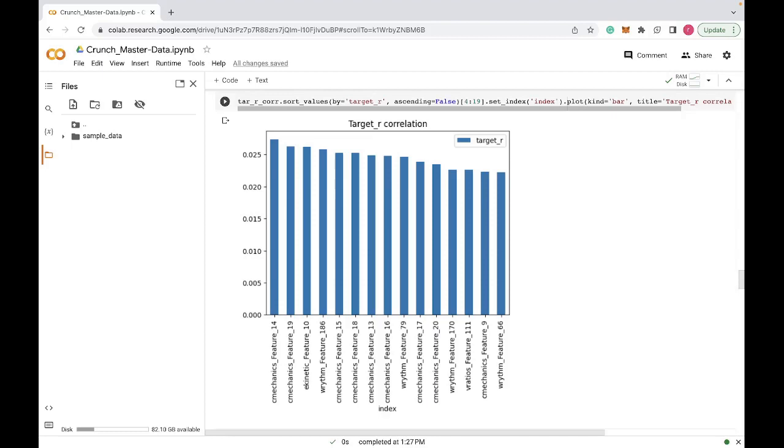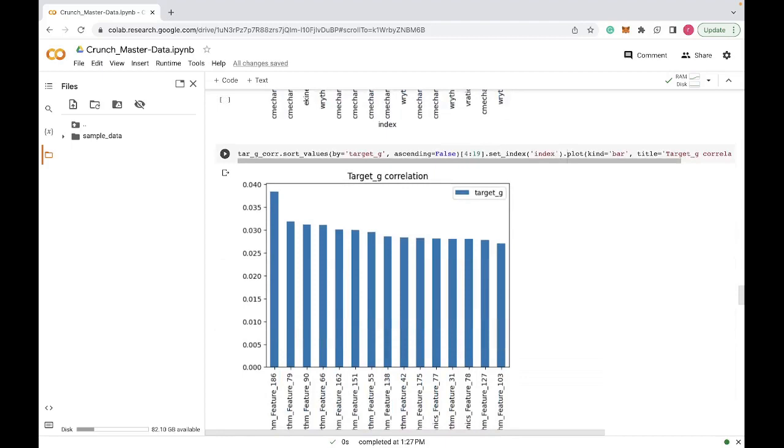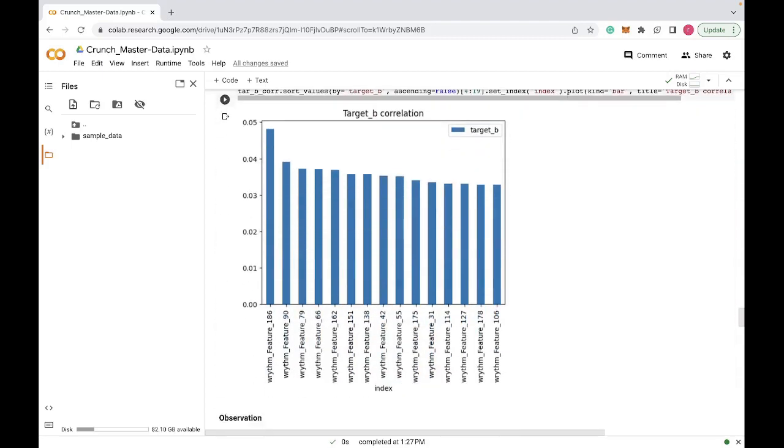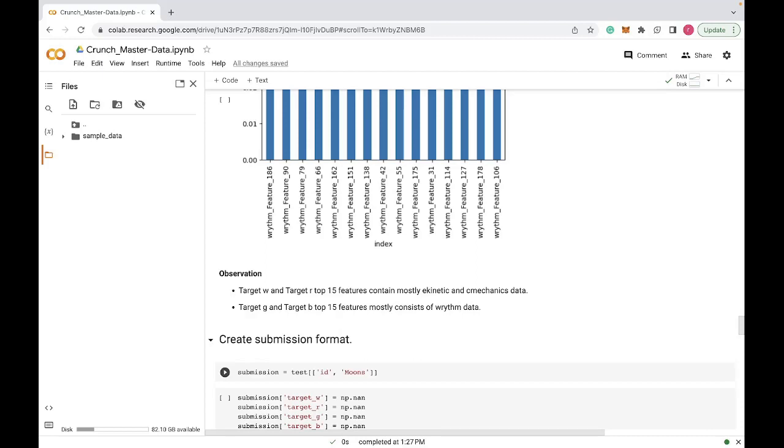For target G, most of them are read features, and for target B, most of them are read features too. So we should take note of that. For targets W and R, the features contain mostly kinetics and C mechanics data, and for targets G and B, the top 15 features mostly consist of read data.